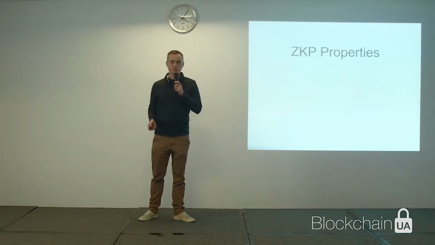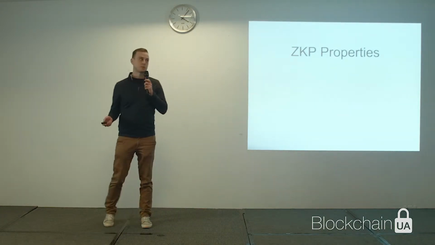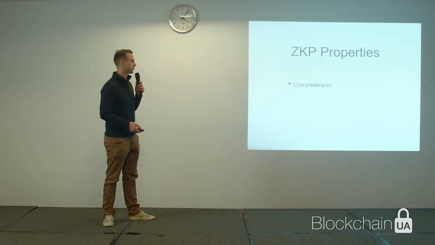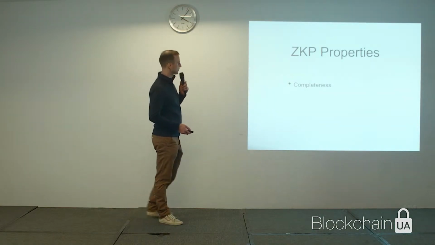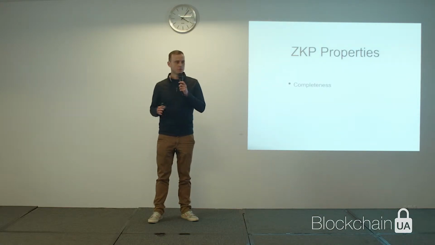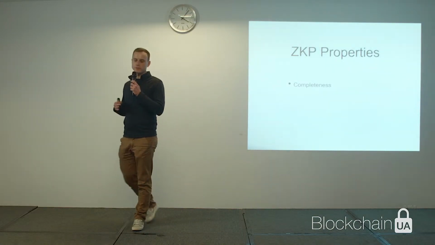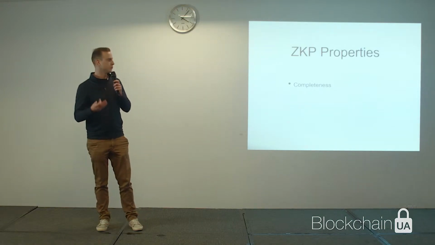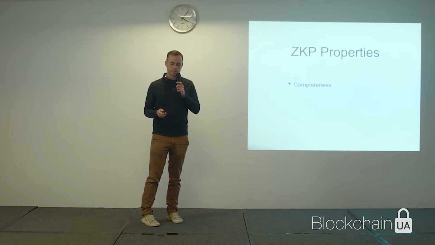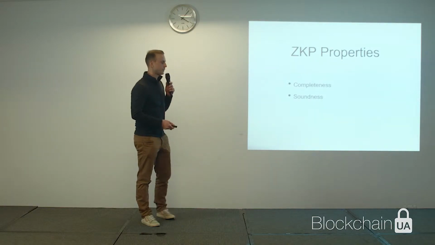So what are the properties of zero-knowledge proofs in the first place? First, completeness. We always have a prover and a verifier. Completeness means that if the prover's statement is true, then the protocol will always accept it. Secondly, soundness.